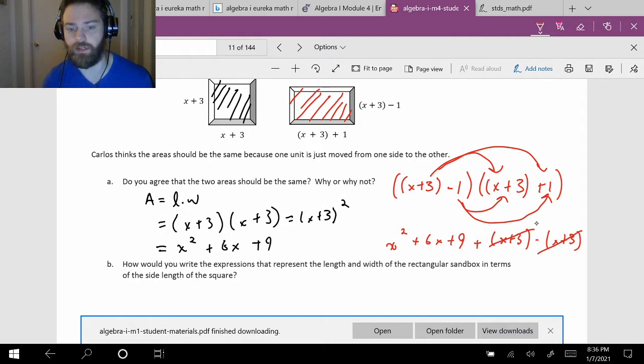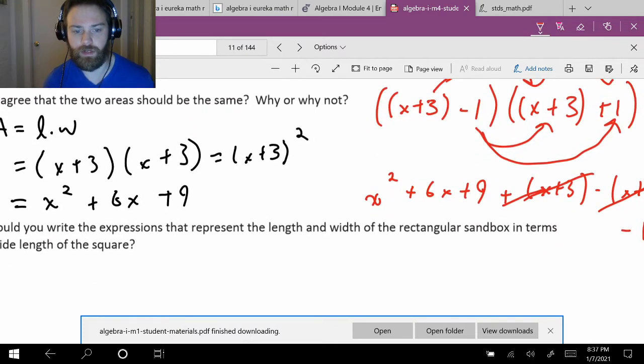I don't want to exactly say cancel all the time, so the positive and the negative version of that will add to 0. Negative 1 times positive 1 is negative 1. So this is the exact same expression as we got over here, minus 1. That leaves us with x squared plus 6x plus 8.